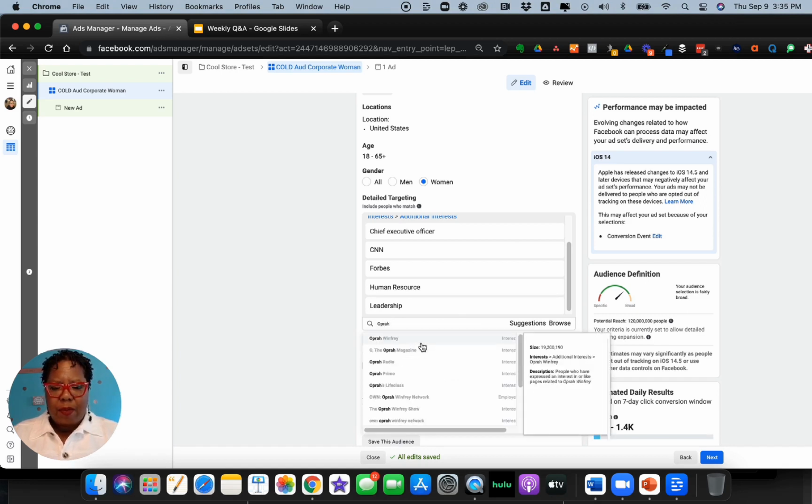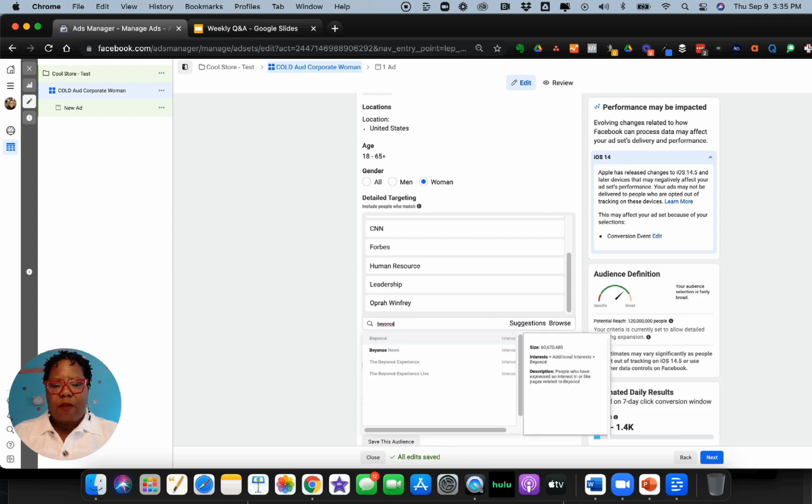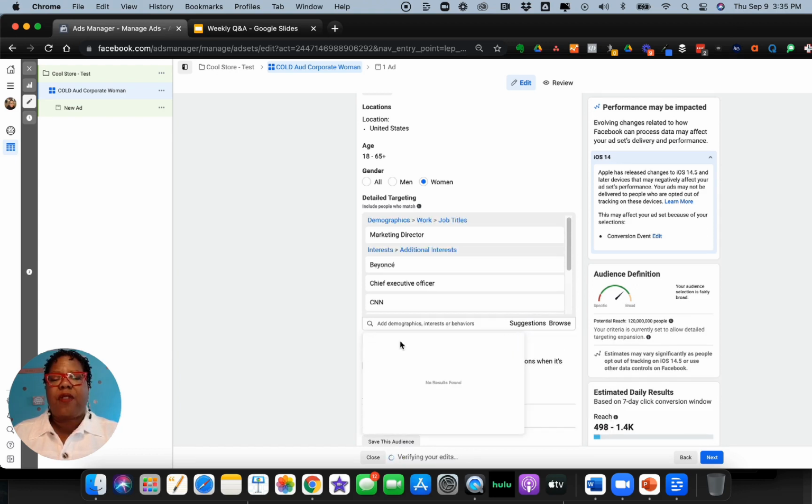I always like the people who are interested in Oprah magazine, or maybe she's more interested in what Beyonce is doing. Or from a corporate standpoint, a female CEO that she aspires to, you want to put that information in as well. So those are some of the platforms that she may be interested in.